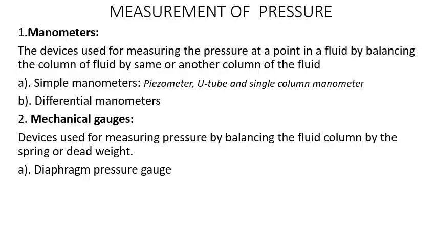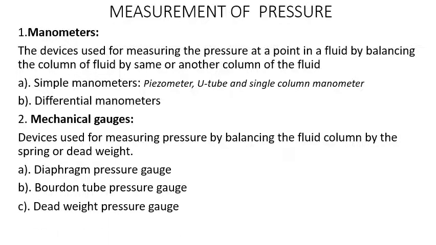The first one is a diaphragm pressure gauge, second one is a Bourdon tube pressure gauge, third one is dead weight pressure gauge. In this session, I will explain about the different types of manometers to measure pressure. And in mechanical gauges, one more type is the bellows pressure gauge.